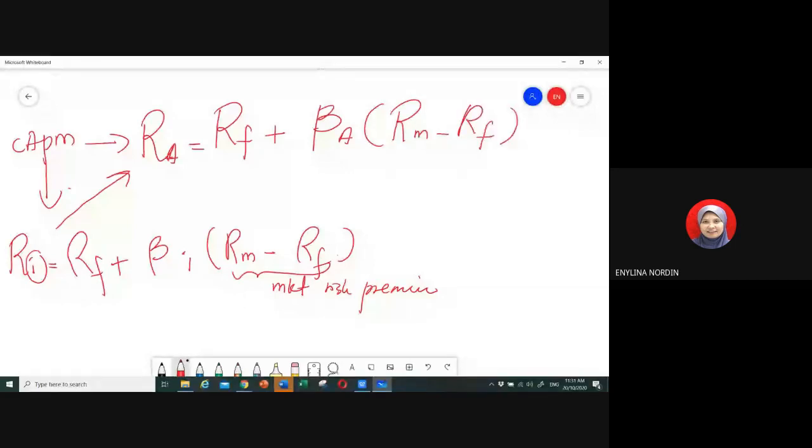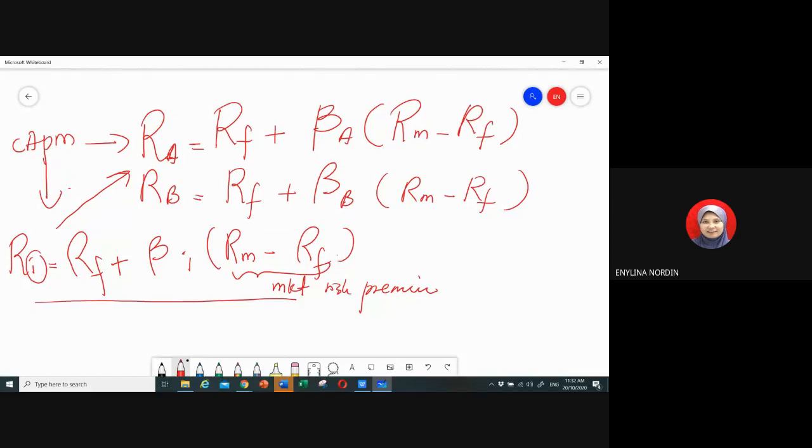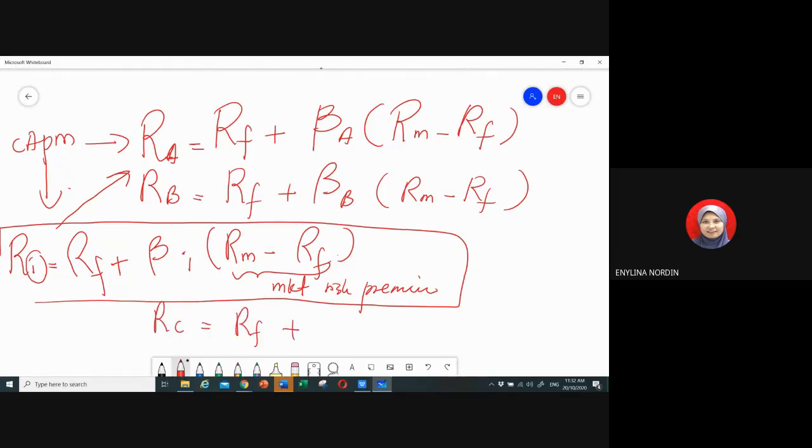Okay, kalau kita nak kira returns on stock B using CAPM, that means RF plus beta stock B times RM minus RF. If we want to calculate untuk stock C pula, macam ni kita nak kira untuk stock C. Okay, return stock C, RF plus beta stock C times RM minus RF.